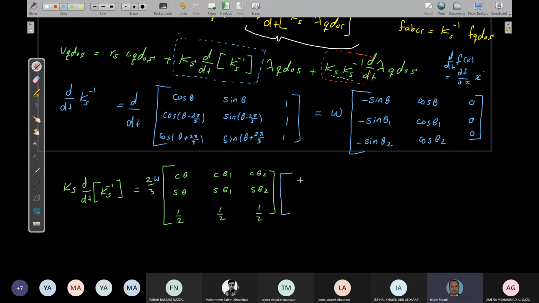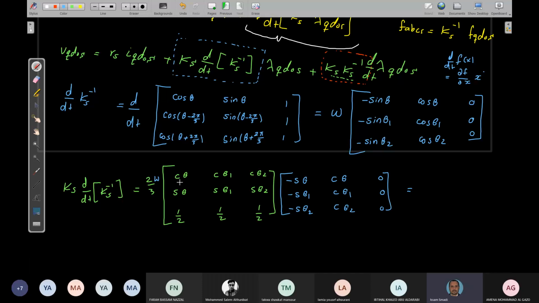Here I'm having minus S theta, where S stands for sine due to the space limitation. This is the laziest formula you can find, by the way. Then you have cosine theta, 0, minus sine theta 1, cosine theta 1 and 0, then minus sine theta 2, cosine theta 2 and 0, and I need to evaluate this.